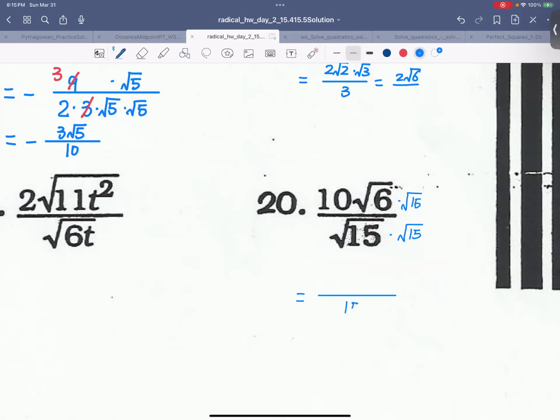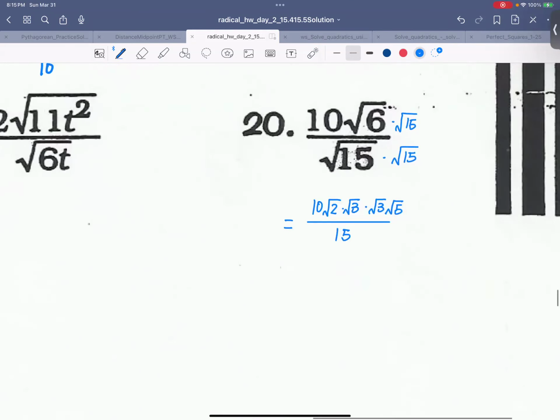And then the top becomes 6, which is who times who? 2 times 3. Square root 2 times square root 3. Square root 15 is square root 3 times square root 5. Okay.